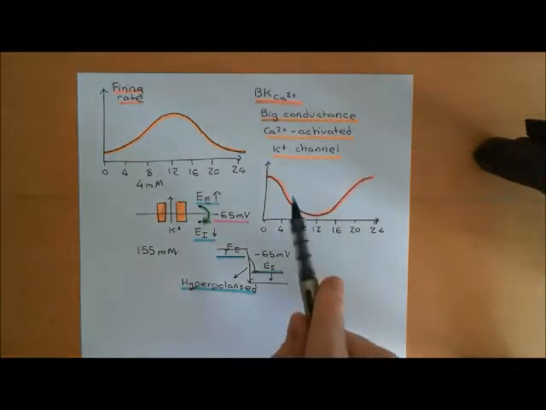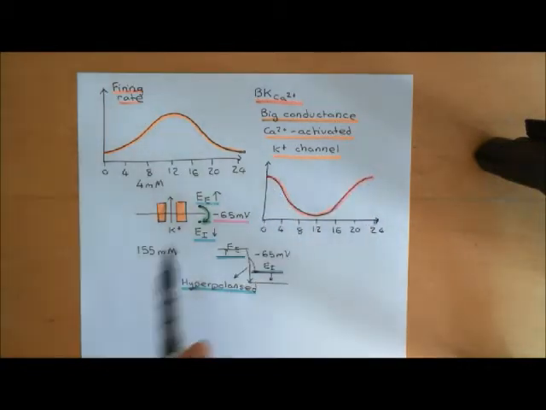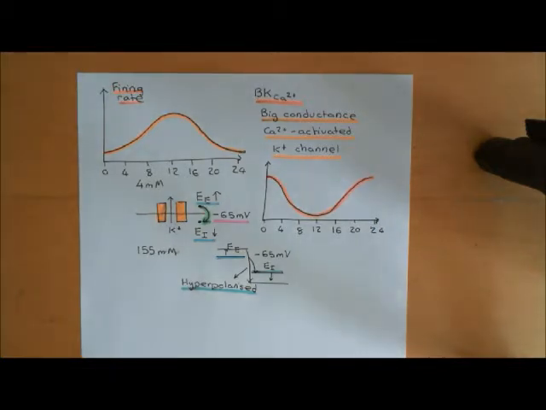They have a low expression during the daytime and high expression during the nighttime. So you're going to have more big conductance calcium-activated potassium channels during the evening, during night, and that's going to be present within the cell membranes of your suprachiasmatic nuclei neurons.